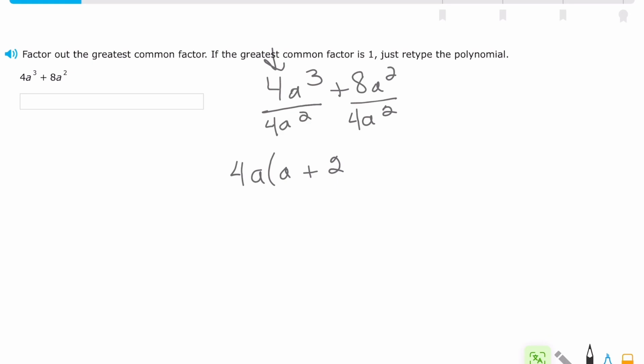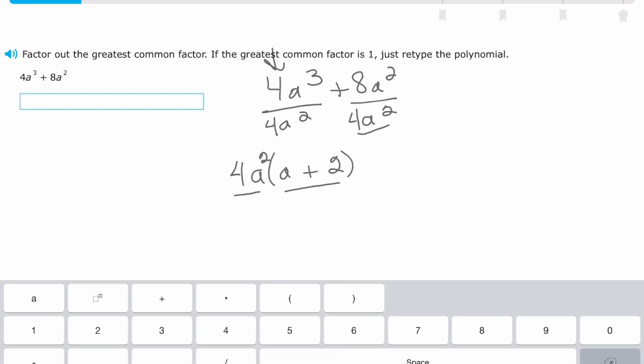No. Sorry, it's squared out here. I knew something was wrong. Okay, so I made a mistake. It's 4a squared that I can pull out right here. Okay? So 4a squared times a plus 2.